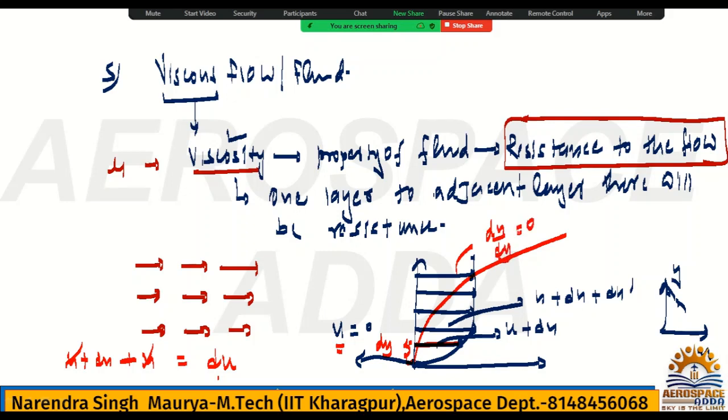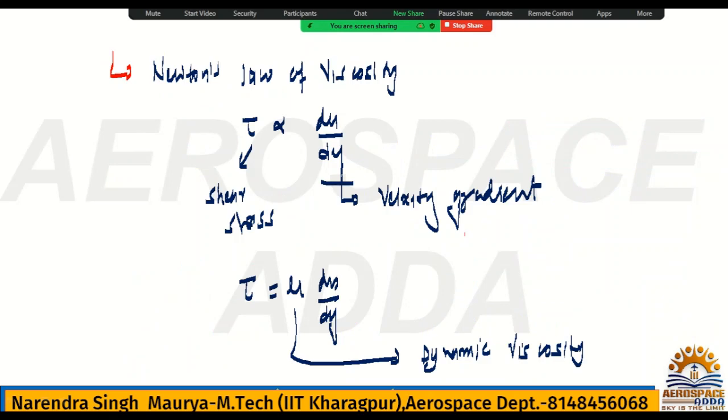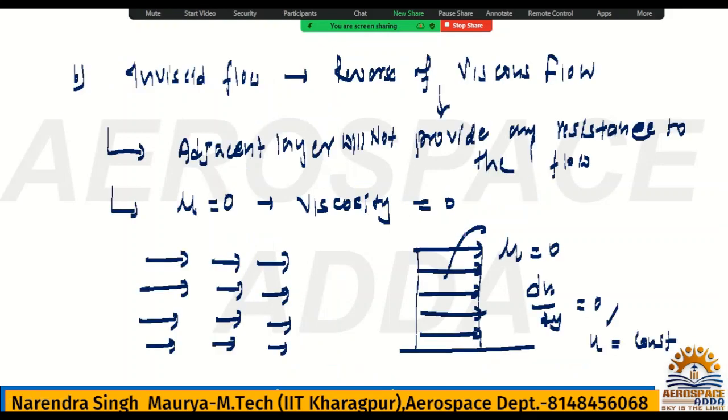That's the reason that even for viscous flow, if you draw the boundary layer, there is a certain region where the flow is viscous, and after that it becomes inviscid flow. That is decided by the boundary layer thickness and so on.